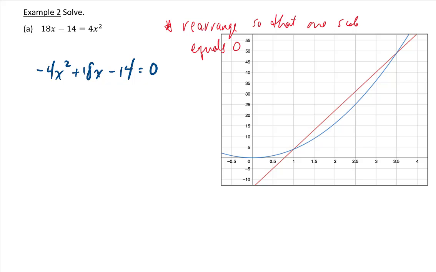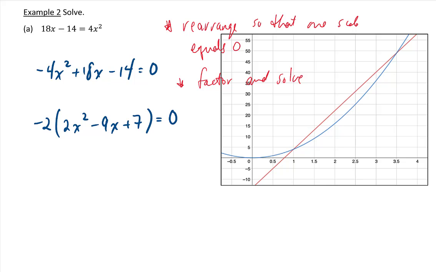And then the next step is also the same. We're going to factor and solve. So first rule is the common factor. So if I take out a negative 2, since my leading coefficient is negative, I get 2x squared minus 9x plus 7 equals 0.